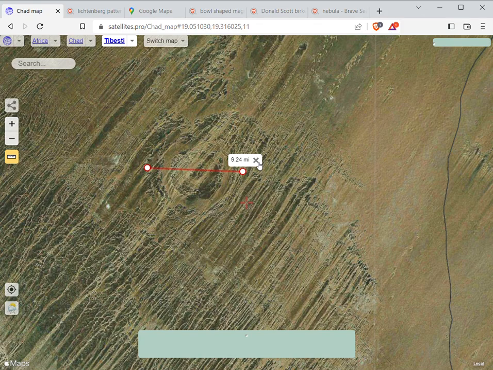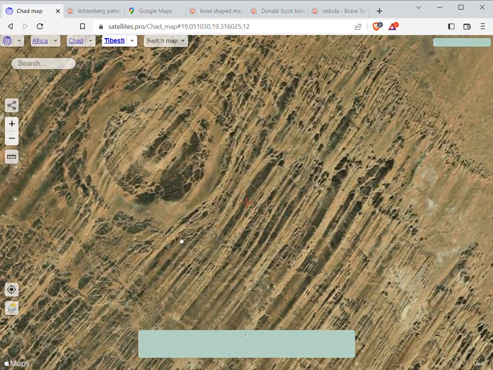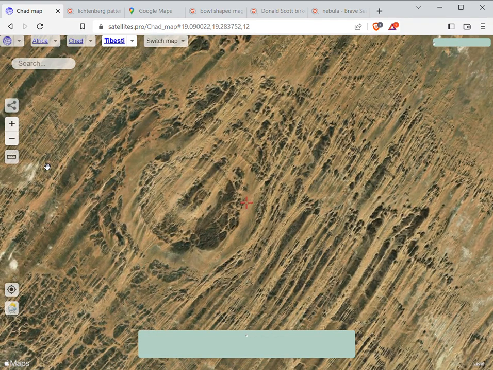That's pretty far. I'm going to zoom in to see what the central region would be. If we go from here to here, that's like 1.5 miles across.